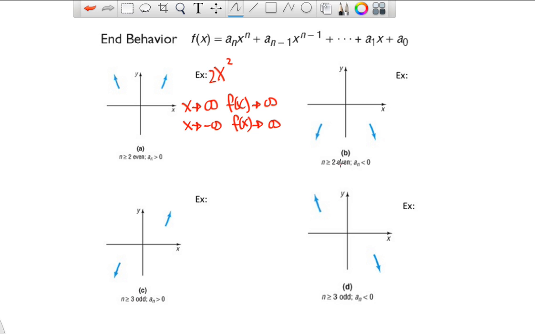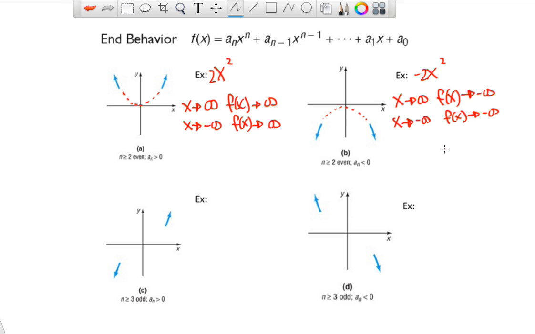What happens if you have an even degree function, but now it's a negative coefficient out here? So what if that was a negative 2x squared? I forgot to sort of graph this. So the graph would look like this. Well, then the graph would look like this. So what happens here is that when x goes to infinity, the function goes to negative infinity, but the same thing happens on the other side.